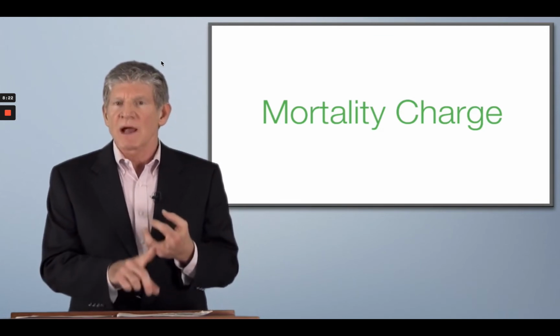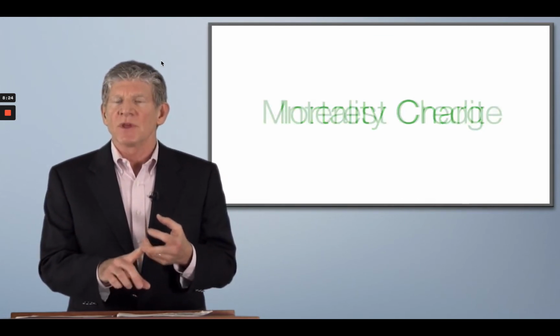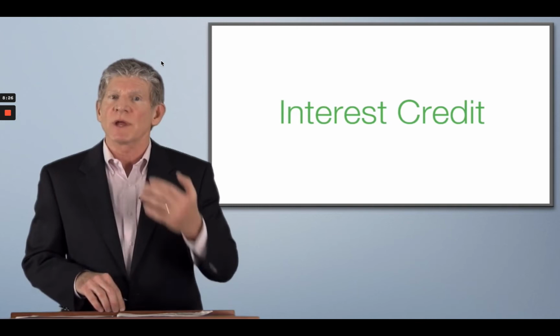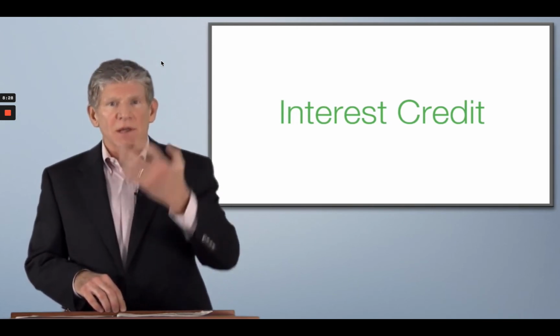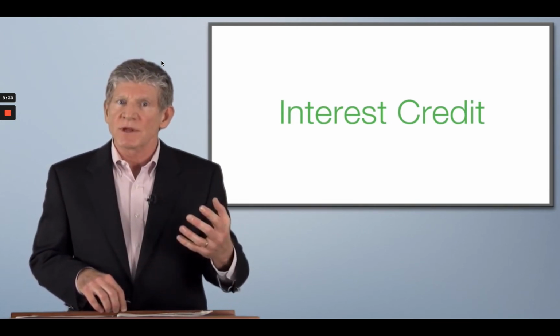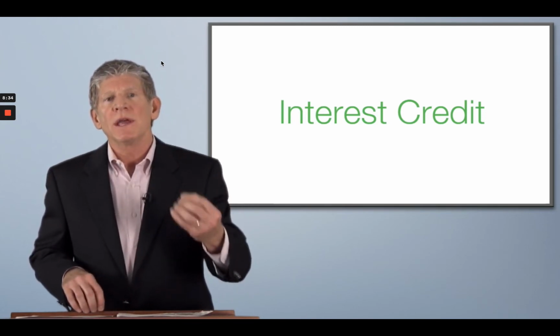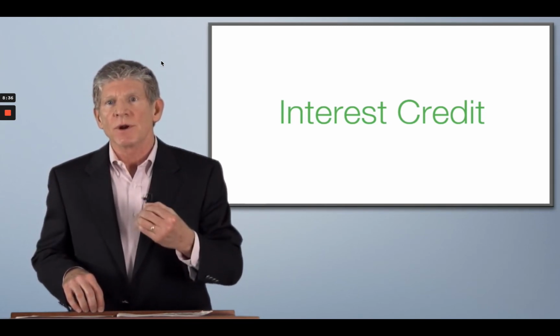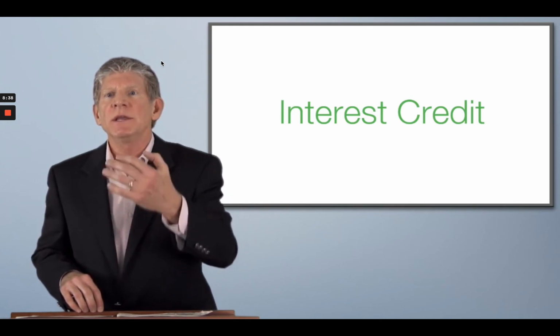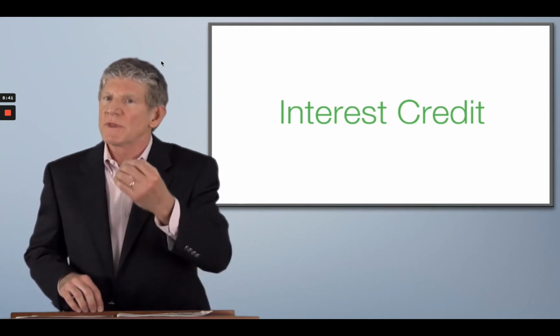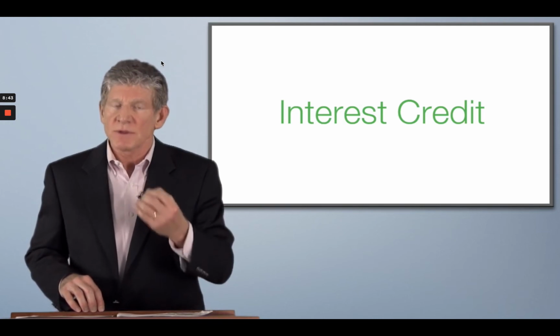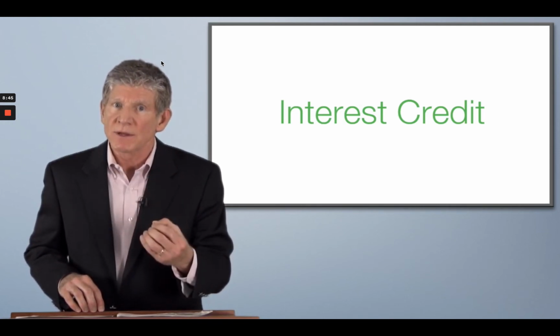To the mortality charge, the company adds an interest factor, and that's actually a credit. The company collects that money, they invest it, and they hope to earn some money on their investments. The more investment income the company can earn, the more it can decrease your premium. So the interest factor is indeed a credit.